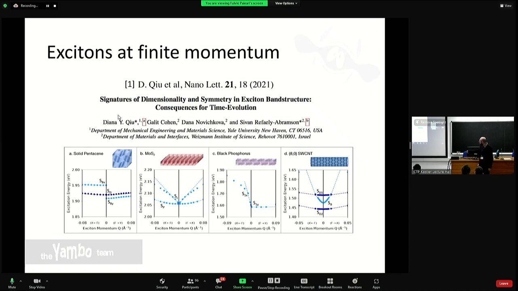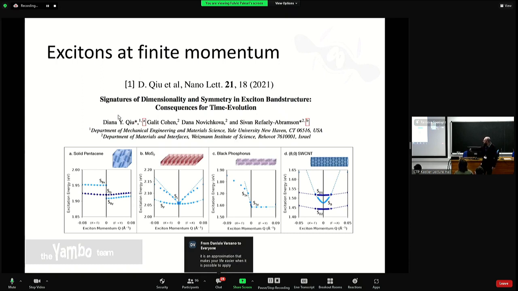And another interesting case is this one of solid pentacene. As you can see, this bright exciton has different energies at Q equals 0, depending on the direction in which you take the Q equals 0 limit. In particular, if your direction of Q is parallel to the polarization of the incoming field, so let's say a longitudinal direction, you have a higher energy than the opposite case when the direction is orthogonal, and so you have a transverse direction.